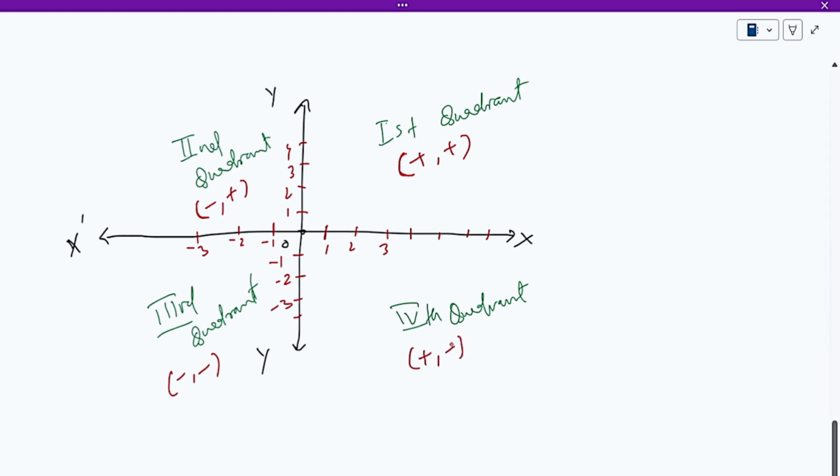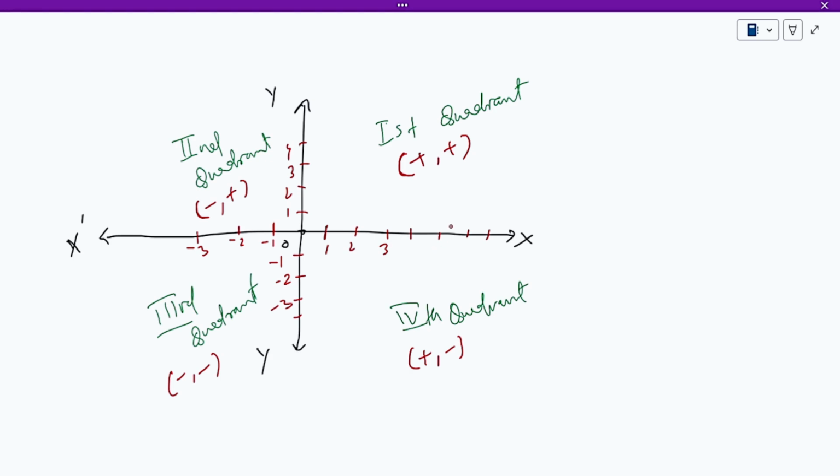So we are clear with the coordinate, the x-axis, the y-axis, the quadrants, as well as the sign of the points in each quadrant, right? Now let's understand what the coordinate of a point will be if it is on the x-axis or on the y-axis. We have already seen the coordinate of the origin, which is 0 comma 0.